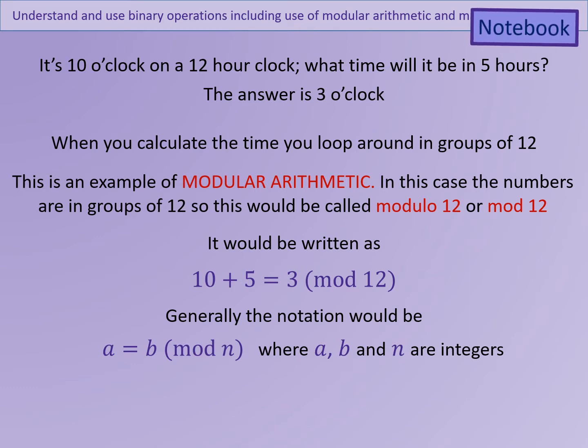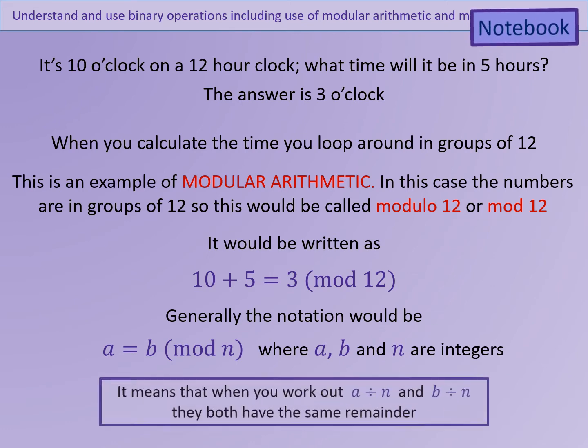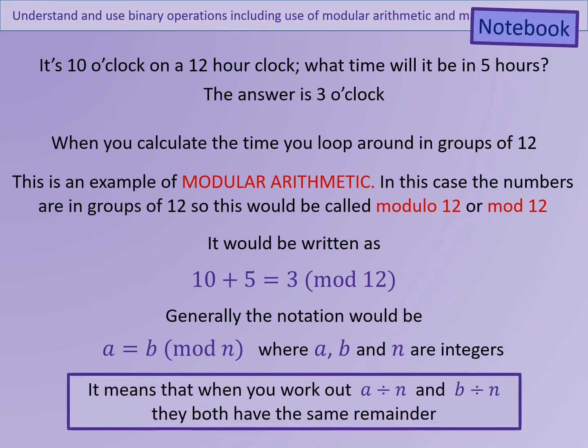A, B and n would all need to be integers for this to work. Another way of looking at it is to say that if A and B were both divided by n, they would have the same remainder as each other, which is why they are equal mod n.